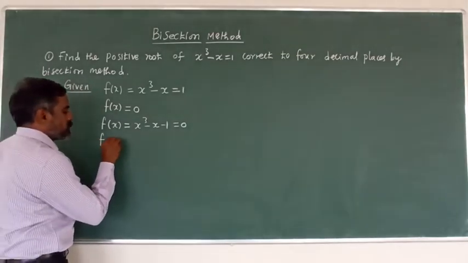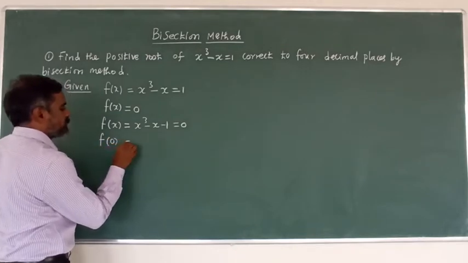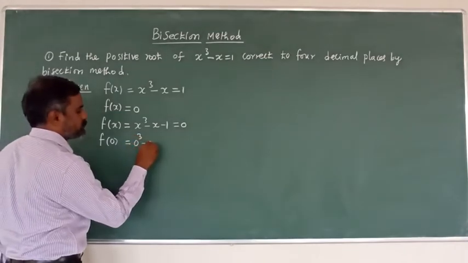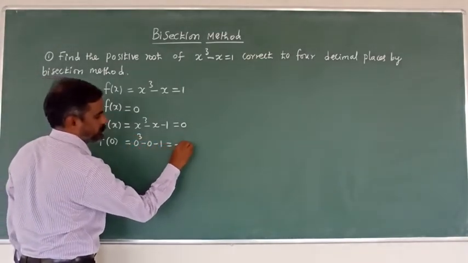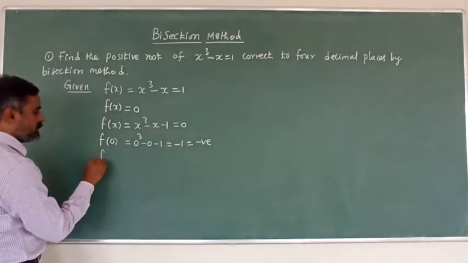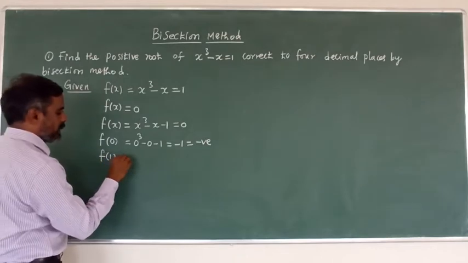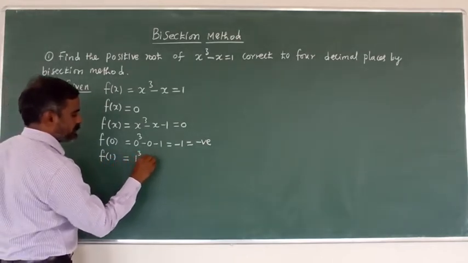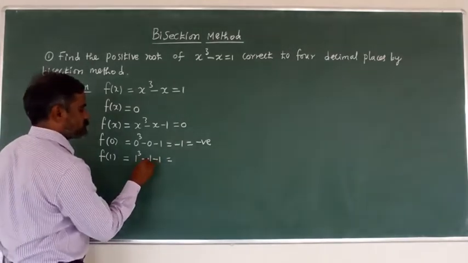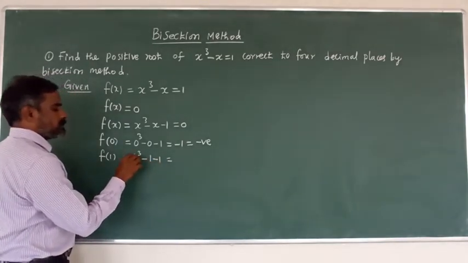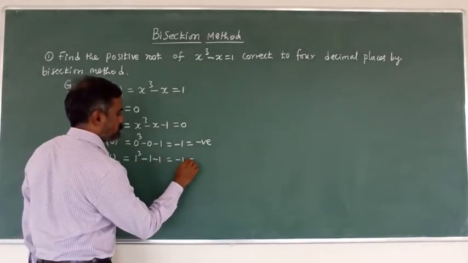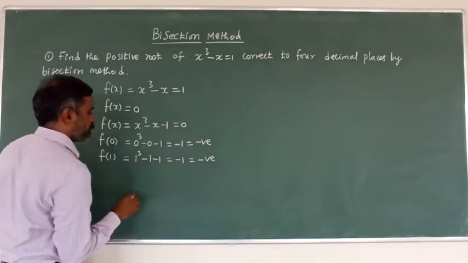For that, substitute f of 0. X value 0: 0 cube minus 0 minus 1 equals minus 1. This is a negative result. Next, f of 1: 1 cube minus 1 minus 1 equals minus 1, this is also a negative result.